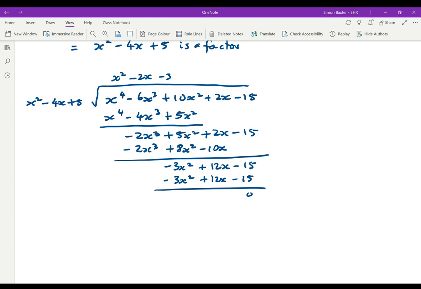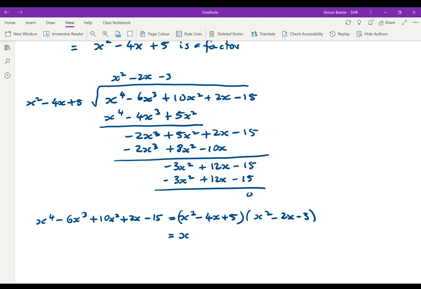So, the expression that we started with, x to the 4 minus 6x cubed plus 10x squared plus 2x minus 15, is equal to x squared minus 4x plus 5 times x squared minus 2x minus 3.